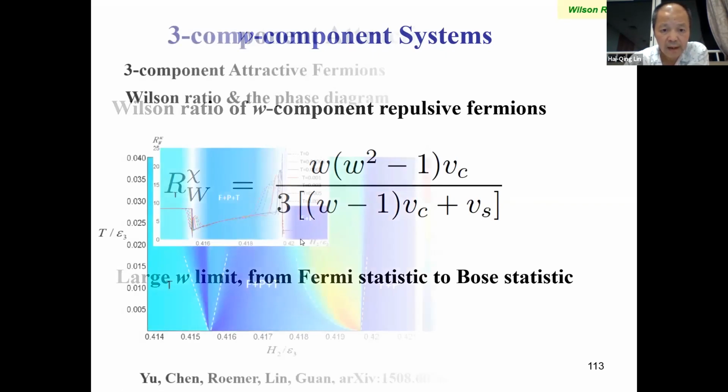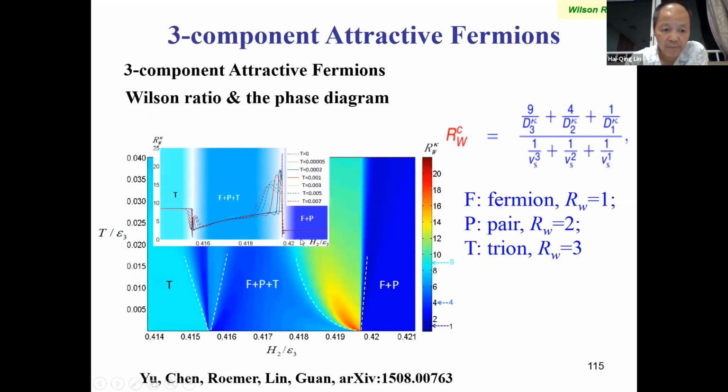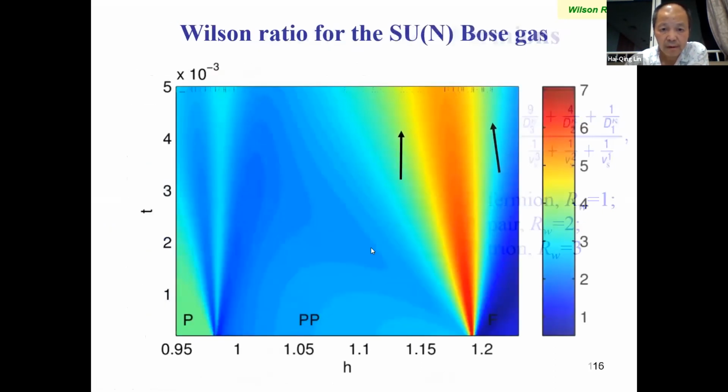Right. And then we plot as a function of magnetic field and also temperature. Again, you see quite clearly they are different phases and where phase transition may occur.